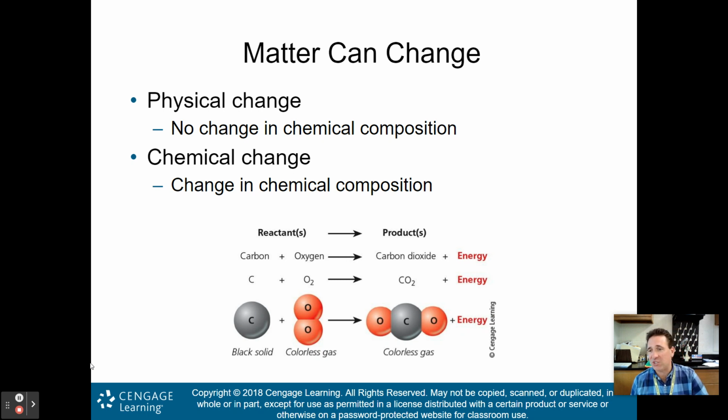A chemical change is just that, when something changes in its chemical composition, right? So you dissolve rock. That rock is changing into something else, right? So we have reactants, we have products, right? And then we have some energy, some other change that occurs sometimes when you have these chemical reactions come together.